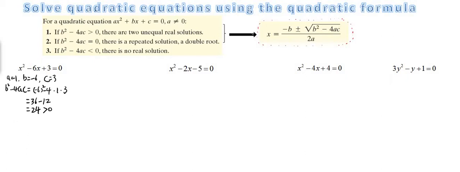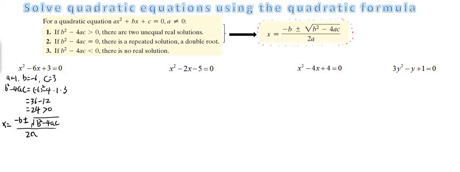We're gonna follow the quadratic formula: x equals negative b plus or minus the square root of b squared minus 4ac, divided by 2a.